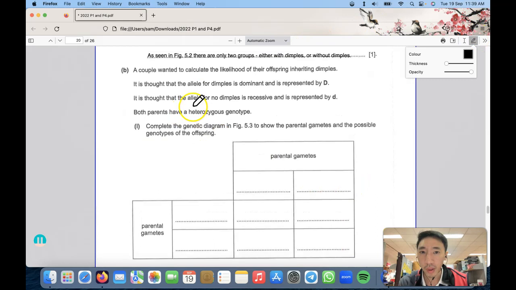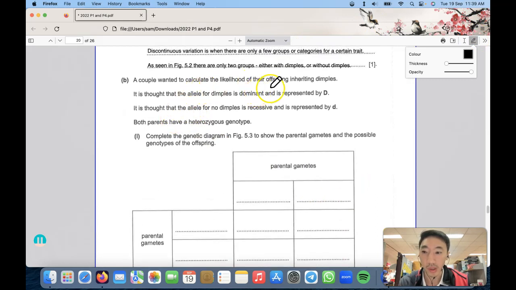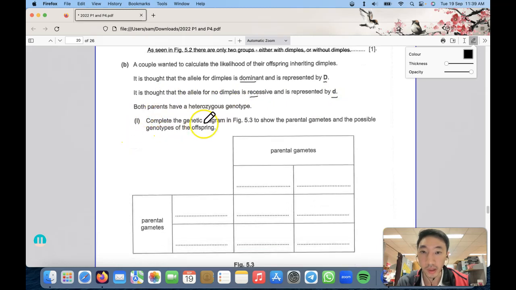Okay, a couple wants to calculate the likelihood of their offspring inheriting dimples. It's thought that the allele for dimples is dominant. This is not scientifically proven yet, it's just thought only, but it's big D. Then the allele for no dimples is recessive, and represented by small d. Both parents have a heterozygous genotype, which means one big, one small.